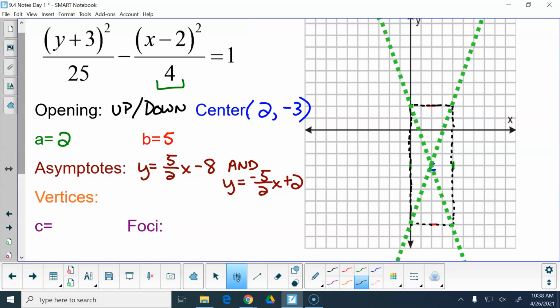Yeah. So what are they? Which sides of the box? But which sides of the box? Top and bottom, right? Okay, because it's opening up and down. Okay, so you should be able to just look at your graph. Oh, wait, you're doing your homework already, right? So there and there, what are they?